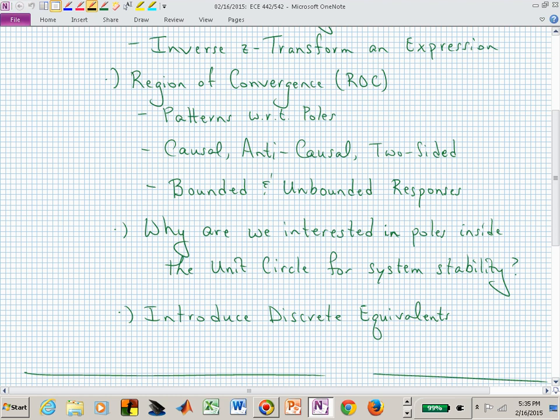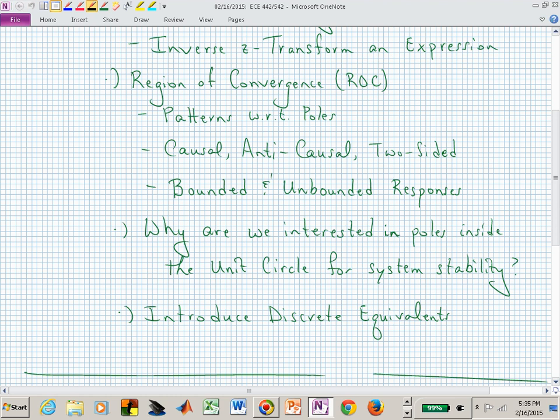We will be dealing with causal, anti-causal, and two-sided relative to signals. And really, we're only going to worry about having a causal system since this is a controls class. It might be a little bit odd if we had a system shaking before we kicked it. That would be difficult to control. That's why we deal with causal systems. That means when we kick it, it then shakes. It doesn't shake before it's kicked.